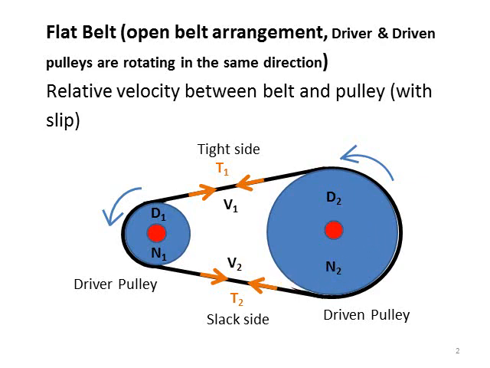Because there is slip in both these pulleys, there will be slip when there is contact between pulley and belt. So whenever there is slip, both the linear velocities V1 and V2 will not be equal to each other.